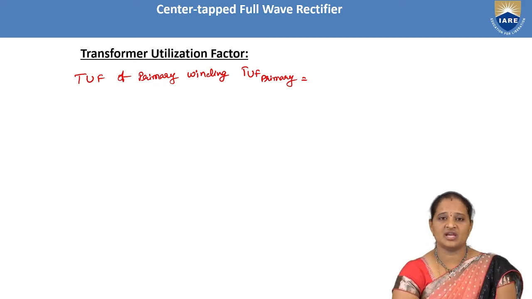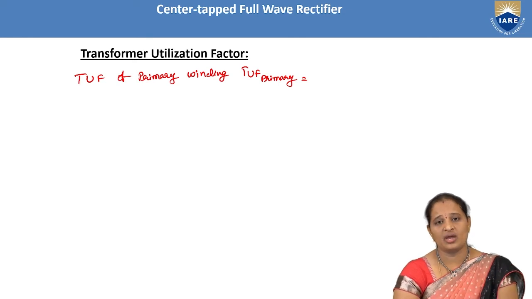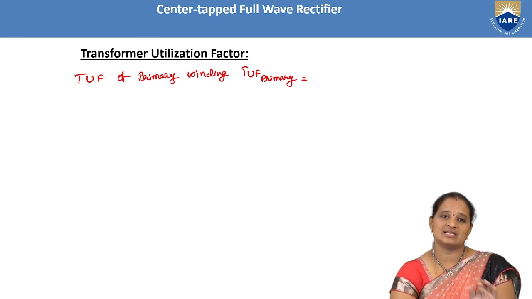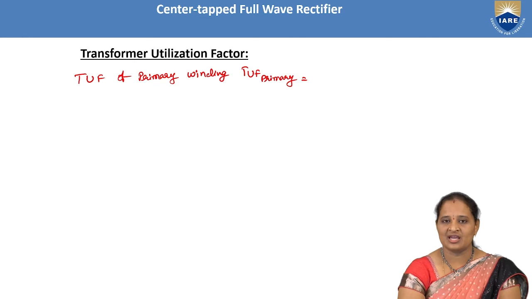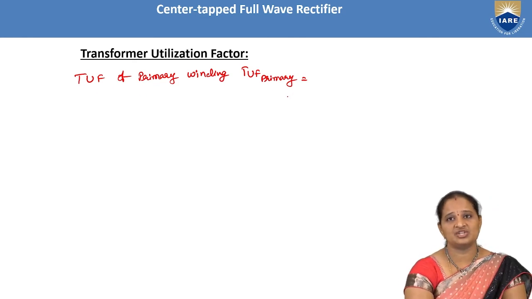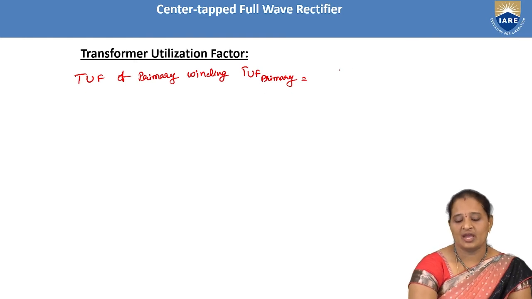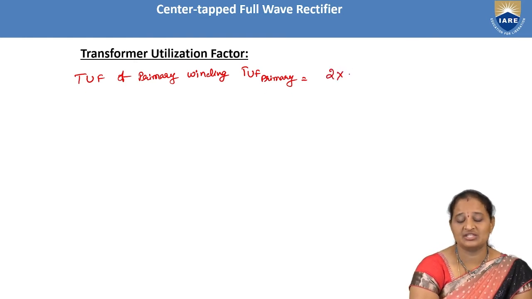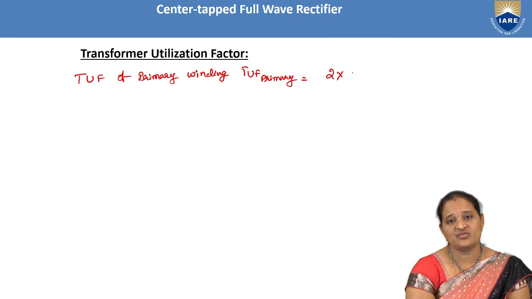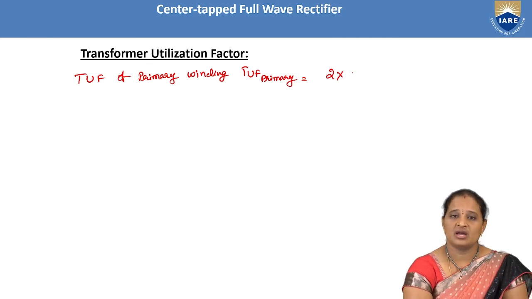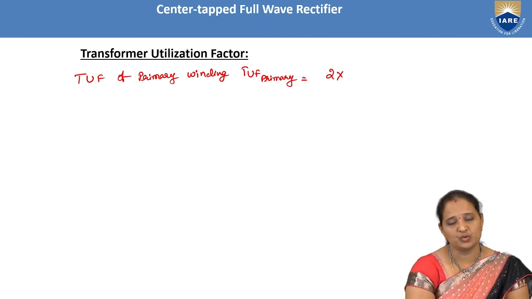During each half cycle, either the upper or lower half of the secondary winding acts as a half wave rectifier, and hence the transformer utilization factor of the primary winding can be obtained by just multiplying the transformer utilization factor of a half wave rectifier by 2.